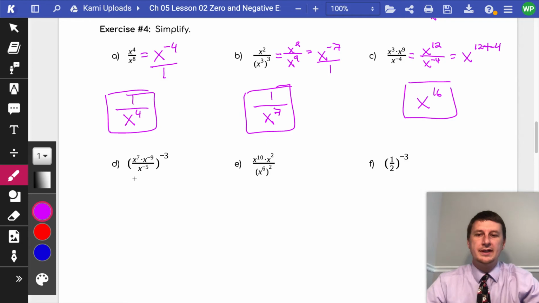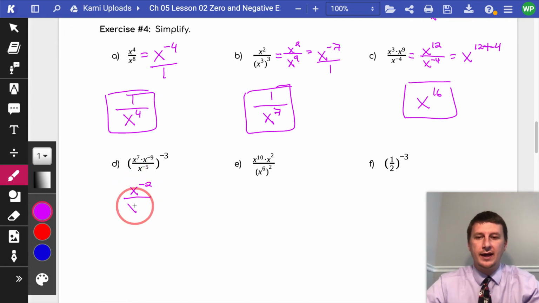Moving on to part D, we have a little bit more going on, but we'll take it one piece at a time. We'll simplify the numerator inside the parentheses first, and we'll have x to the 7th times x to the 9th, and that's going to be the product property, which says to add your exponents. So we'll be left with x to the negative 2nd divided by x to the negative 5th, and all of that to the negative 3rd.